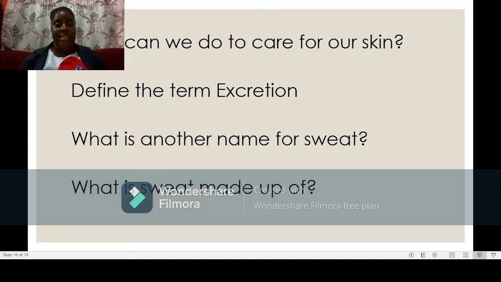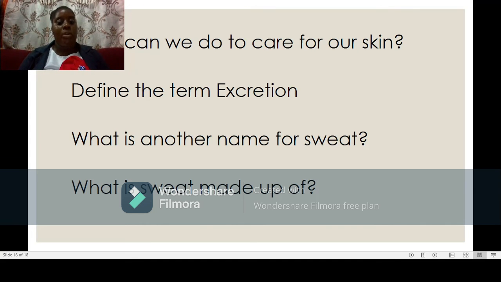Or if our skin is very moist. Next, I want you to define the term excretion, because the skin disposes of a waste called sweat, right? And that process there is known as excretion. So I want you to define the term excretion so you can be familiar with it.